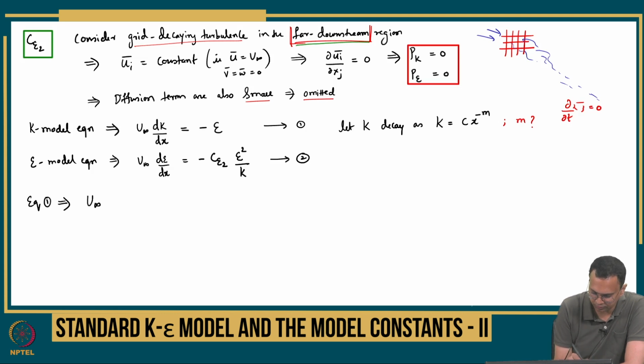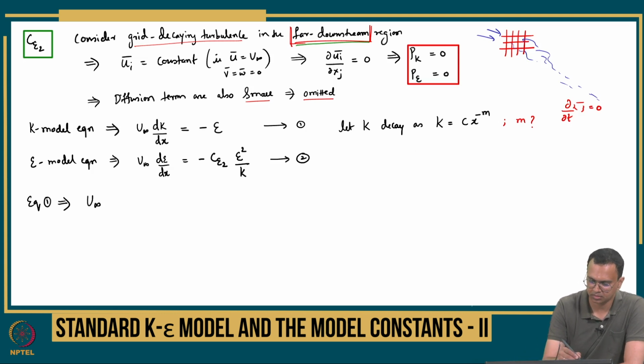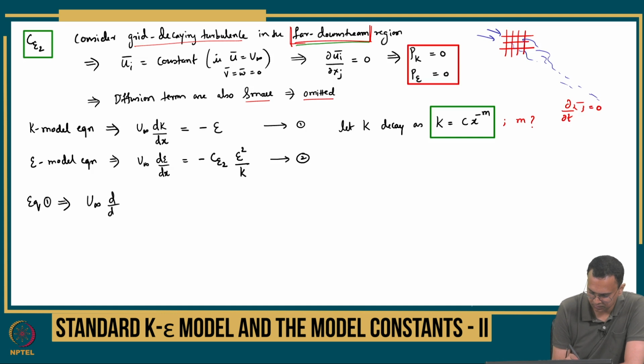I get u infinity dk by dx. Differentiating this particular equation, it is d by dx of c x raised to minus m equal to minus epsilon.